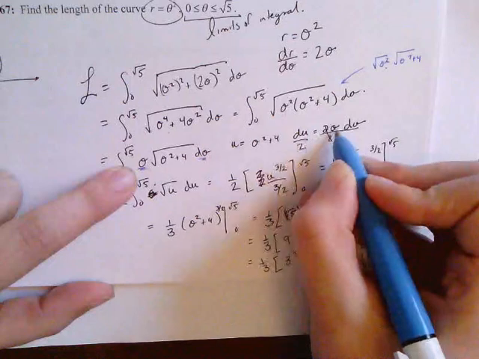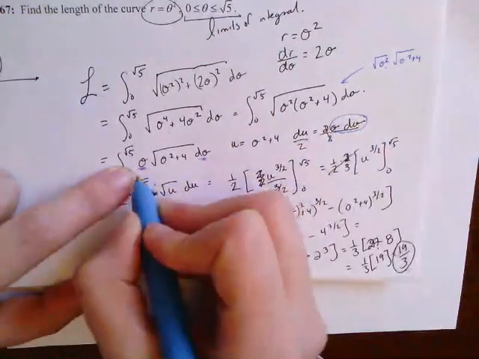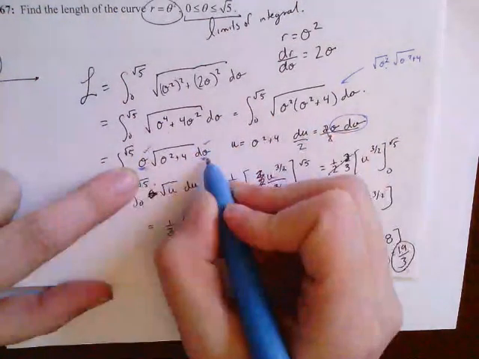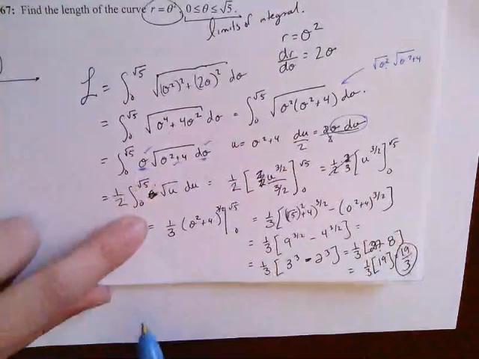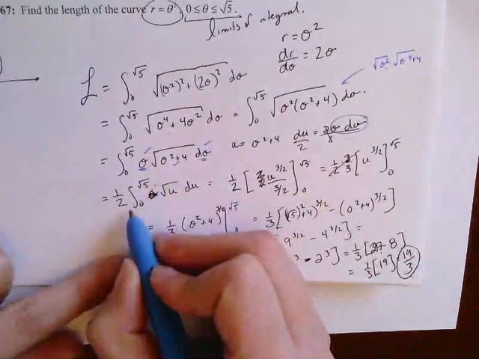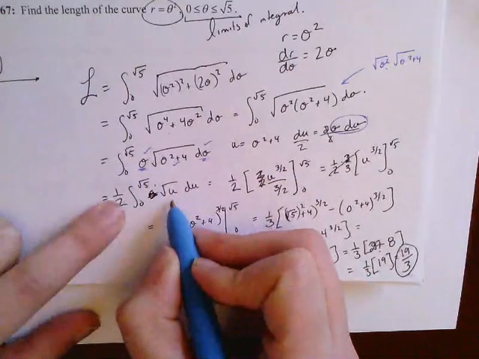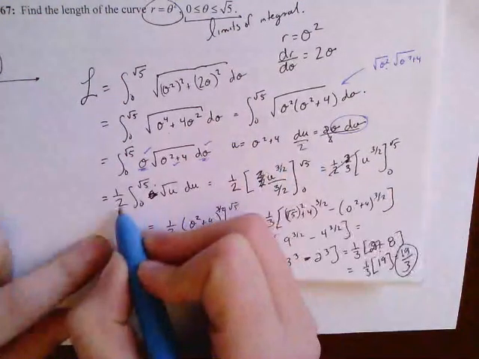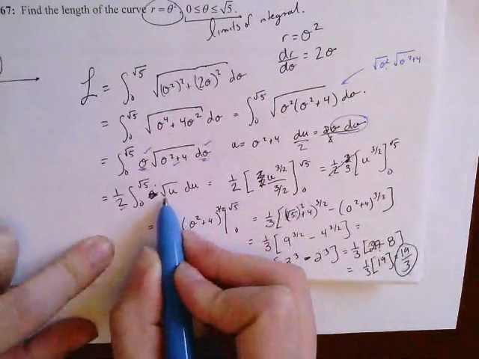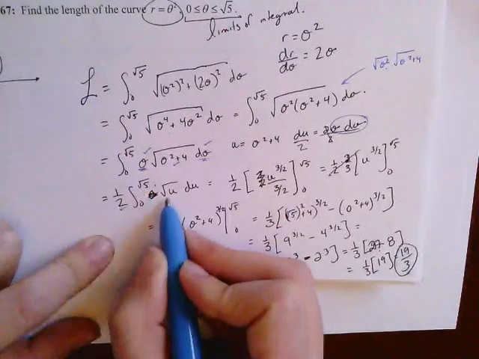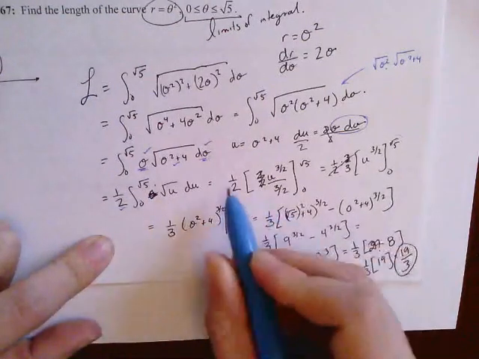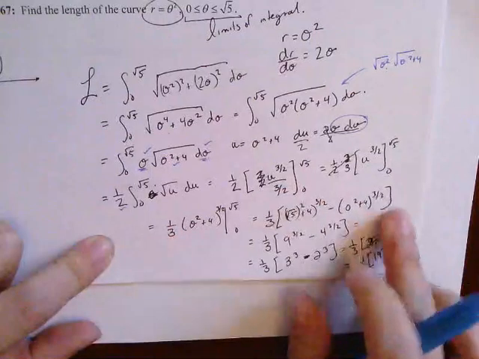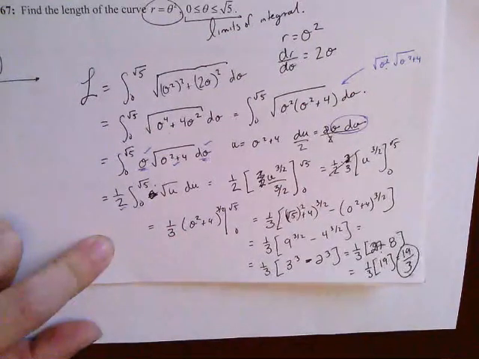Move the 2 over, and we are able to replace the theta d theta and the theta squared plus 4. And of course we can't forget about the 1/2. So now we got 0 to square root of 5 of square root of u, and then the rest is just plugging in and getting our final answer.